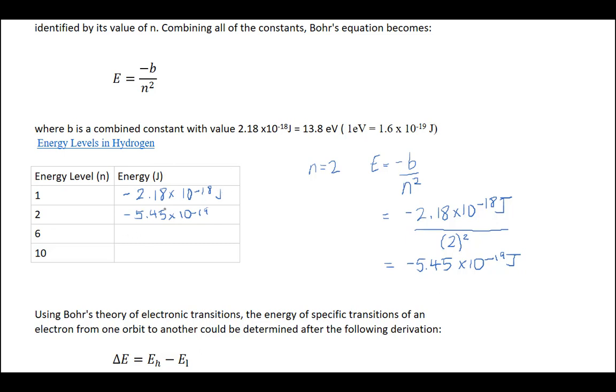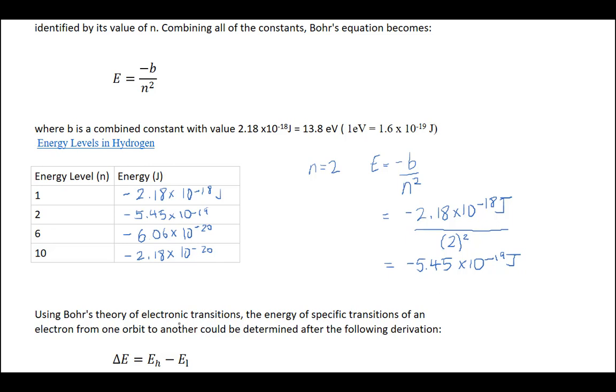And you'll see the magnitude of this number is larger than this one, just like we saw a moment ago. Okay, so for n equal to 3 it is negative 6.06 times 10 to the negative 20, and for 10, it's negative 2.18 times 10 to the negative 20 joules.